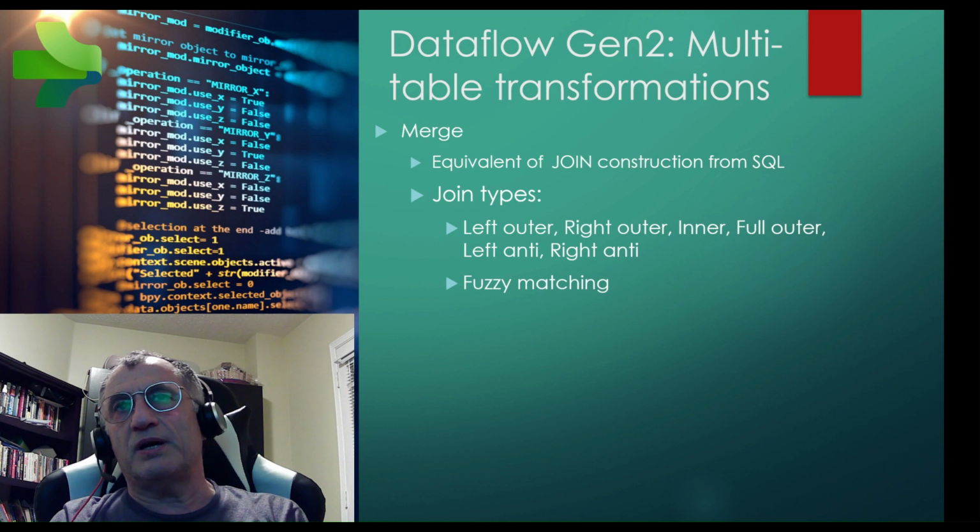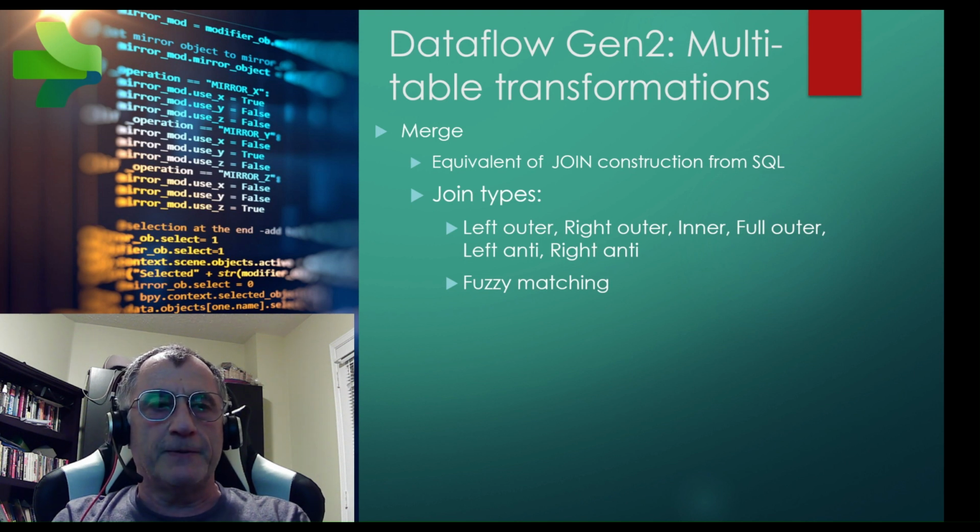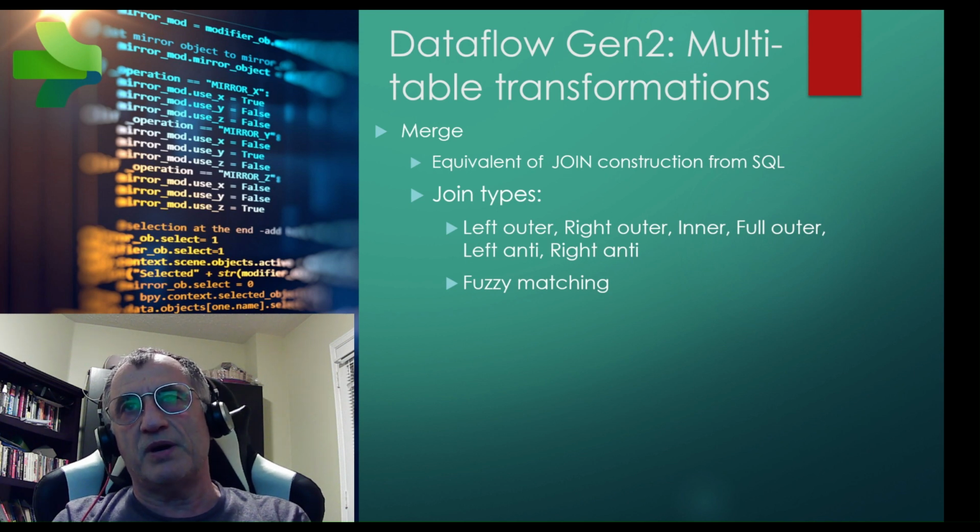In addition to that, there is also a fuzzy matching option in the merge transformation, which allows you to clean up irregularities in your data. So basically, you can match based on similarities rather than exact match.